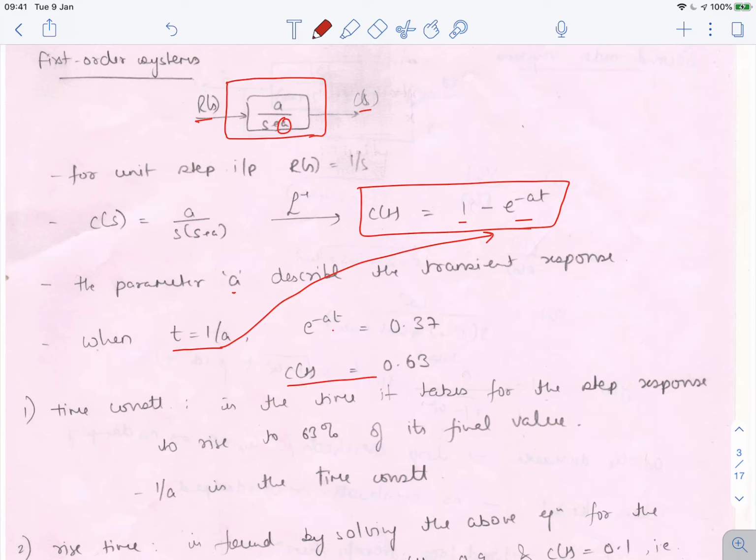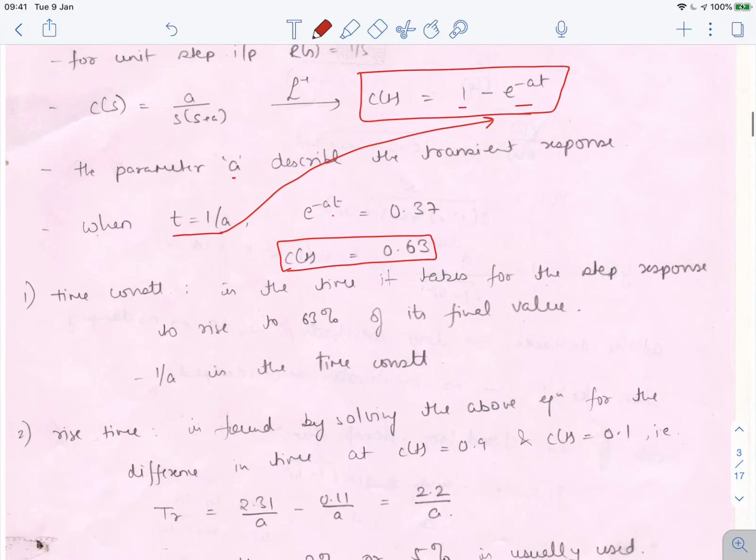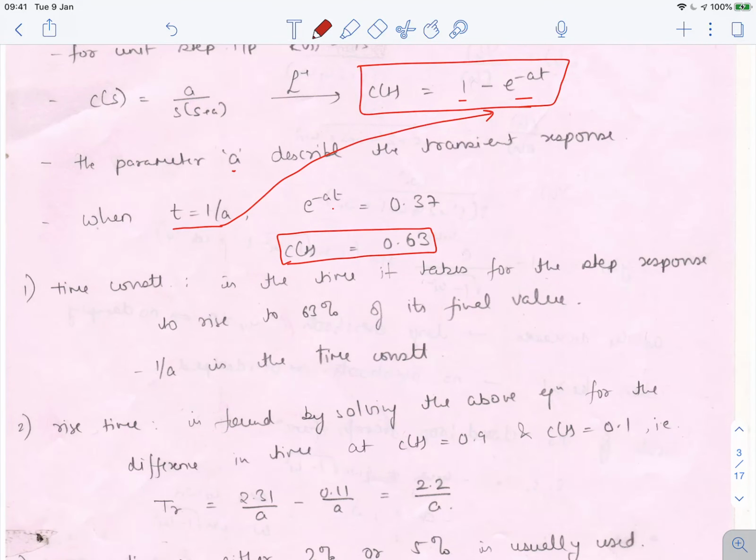In that case my c of t will become 0.63. Based on this we define the time constant: it is the time it takes for the step response to rise to 63% of its final value, and in this case it is 1 upon a. So 1 upon a becomes the time constant for the first order system.